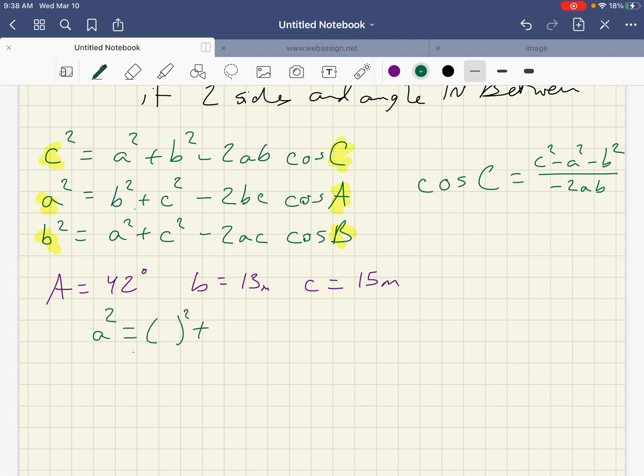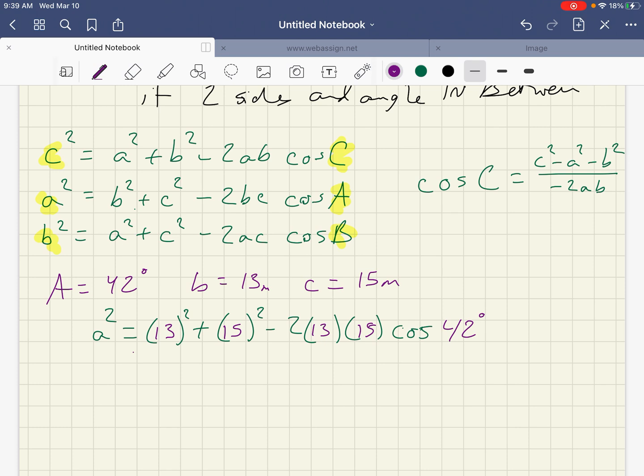So I'm going to go little a squared equals b squared plus c squared minus 2bc cosine of capital A. Let's plug in. This is 13 squared, this is 15 squared, this is that 13, that 15, and this is the 42. Now this whole right-hand side can be placed into your calculator all at once.